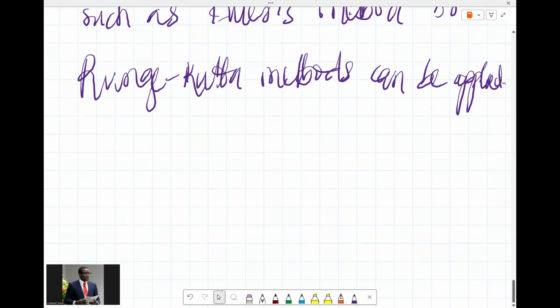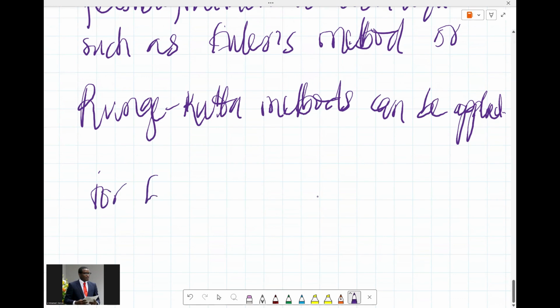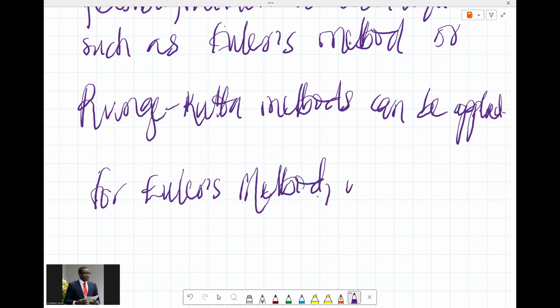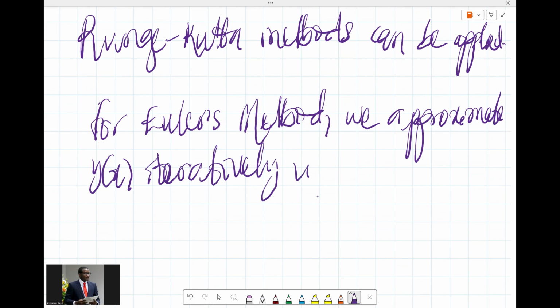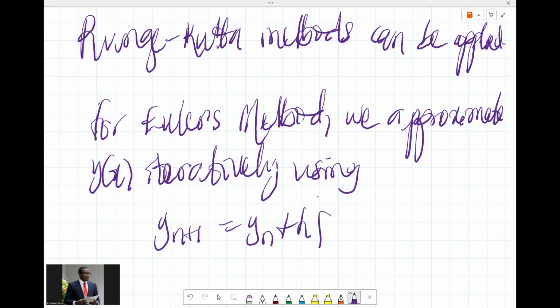Okay. So for instance, for Euler's method, we approximate y of x iteratively using y_{n+1} = y_n + h f(x_n, y_n).